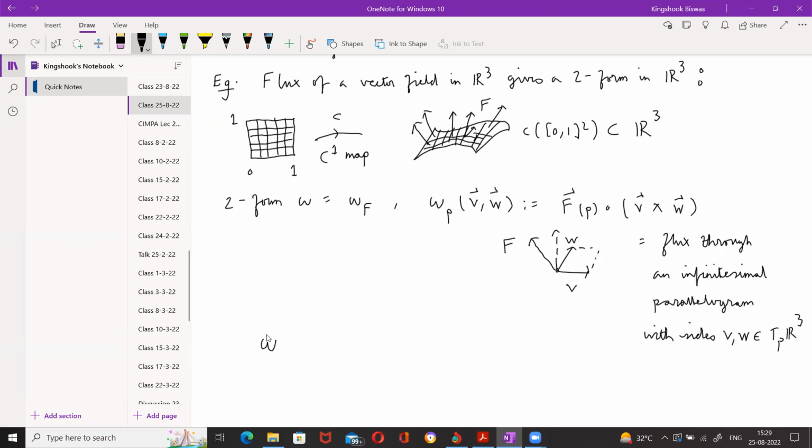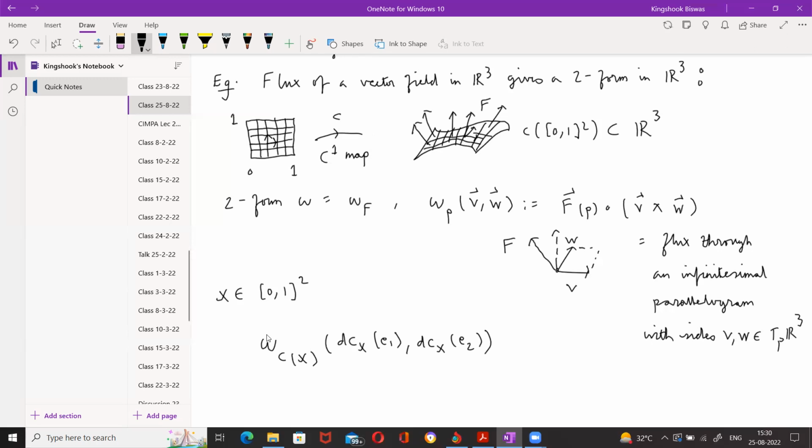So if my point here is, say, x belonging to [0,1]^2, then I'll look at omega at the point c(x) and apply it to the vectors dc_x e1, dc_x e2. Those are the sides of the square here.